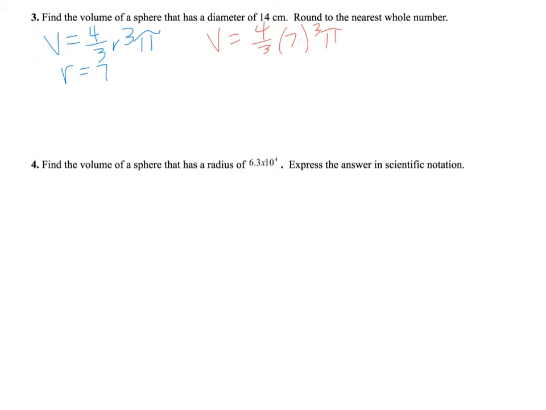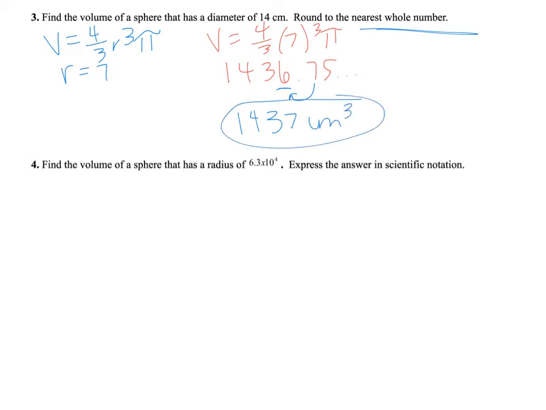Well, 7 cubed is 343 times 4 divided by 3 times pi, and you end up with 1436.75, and it keeps going. This one says to the nearest whole number. So to the nearest whole number means the 7 we'll round up. So 1437 centimeters cubed.